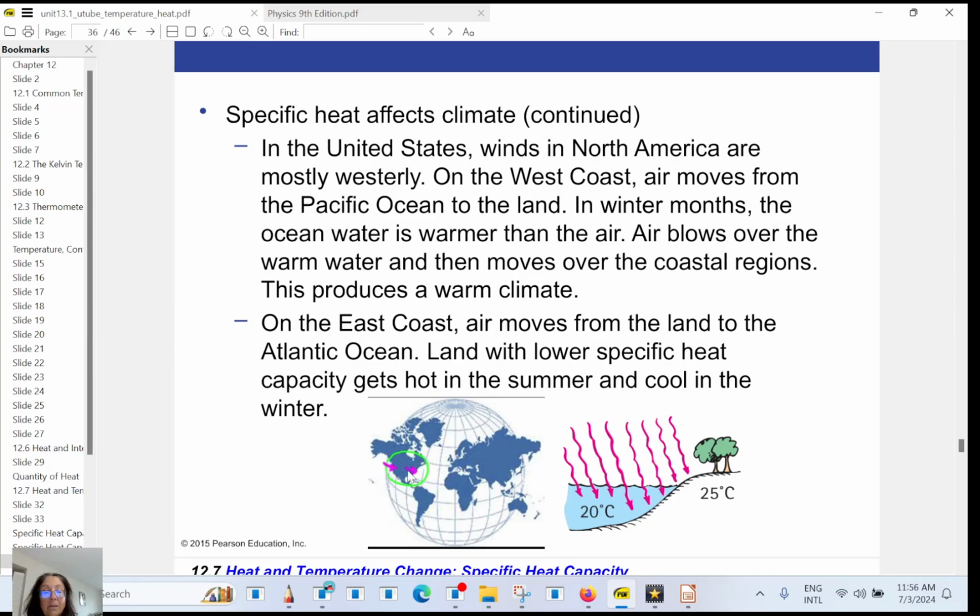So in winter, it's going to be very cool and the cool will be brought westward. And during the summer, it absorbs heat quicker, so you're going to have warm wind flowing in this direction. So it takes a lot of time for water to cool down and a lot of time for water to warm up, which keeps the people by the water very happy.